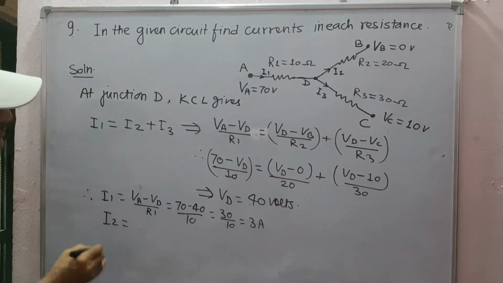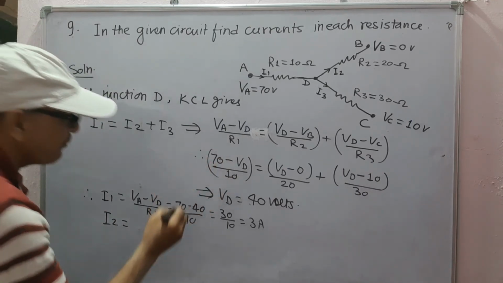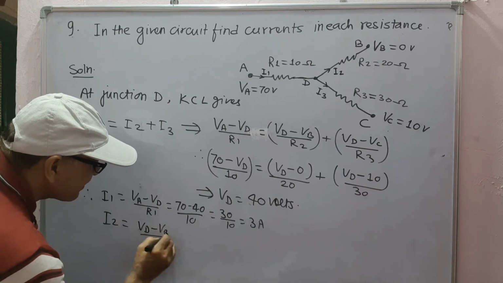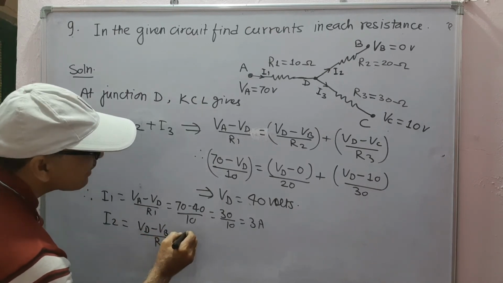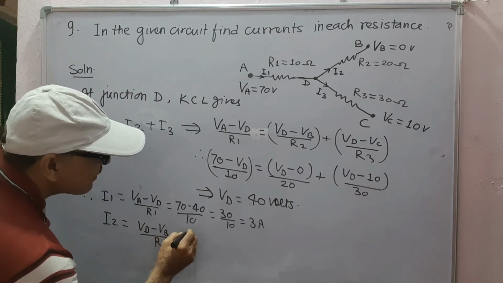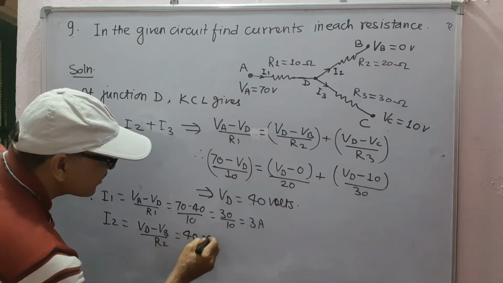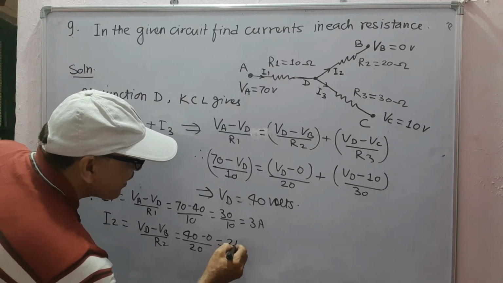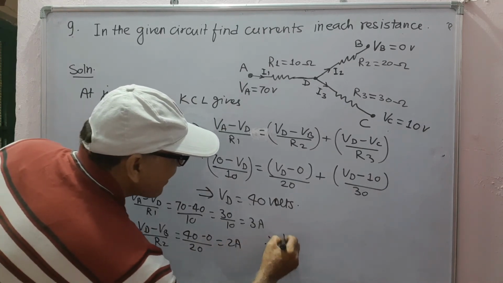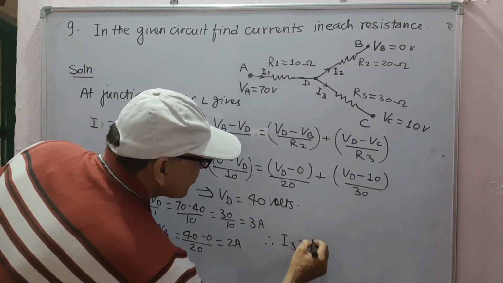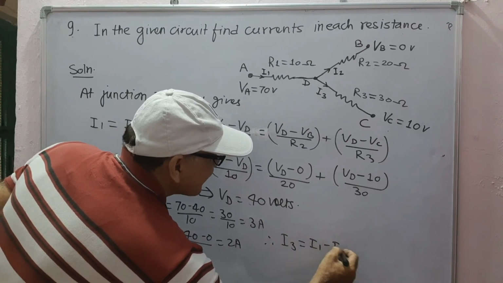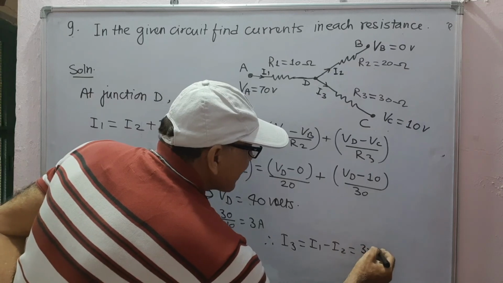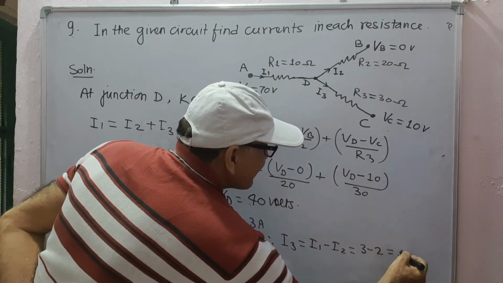I2 is equal to VD minus VB upon R2, 40 minus 0 upon 20 means 2 ampere. Therefore, I3 will be equal to I1 minus I2, means 3 minus 2 is equal to 1 ampere.